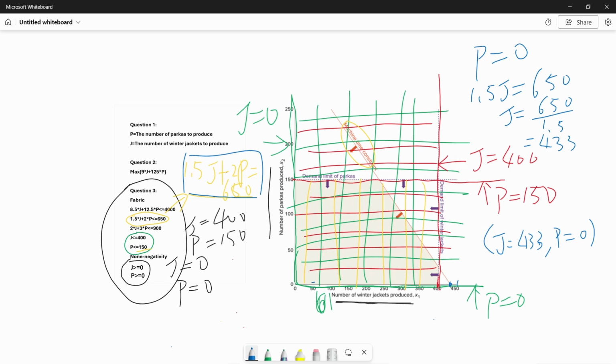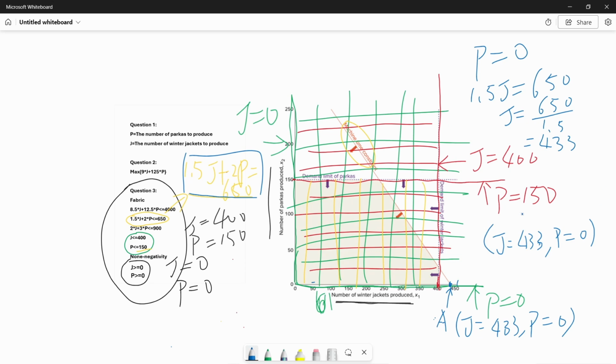So therefore, the intersection here is one of my points, point A, where J equal to 433 and P equal to 0. Okay, now I got one dot on the line. I need one more dot, and once I connect these two dots, I will be able to get this machine time constraint, right?